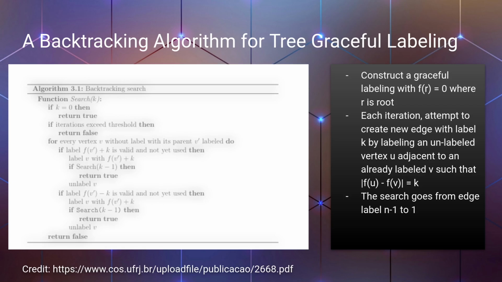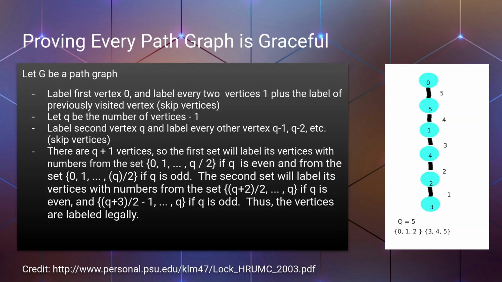is equal to k. So let's say if we didn't have this vertex labeled with 5, we wouldn't have this k value, obviously. So 0 in this case would be our already labeled vertex v, and u would be this unlabeled vertex.